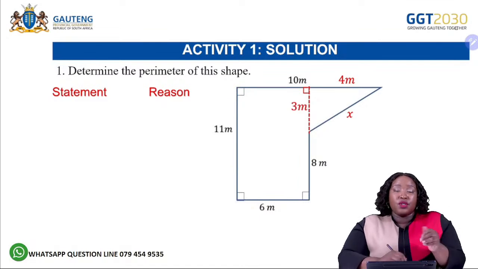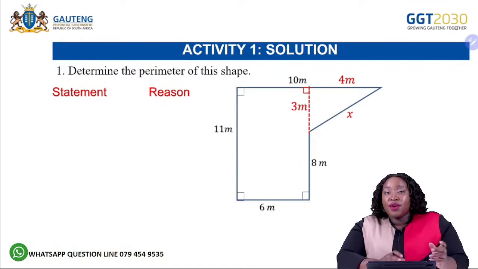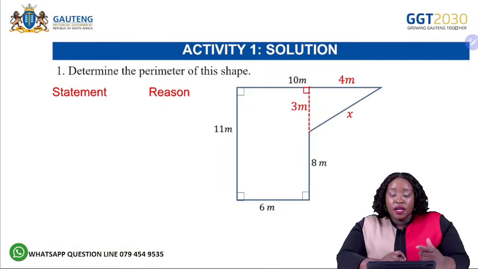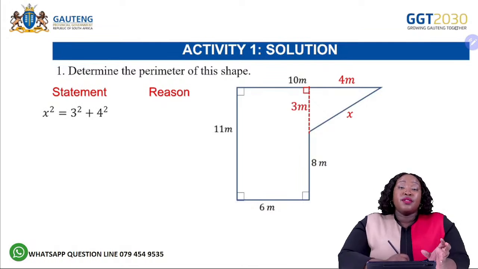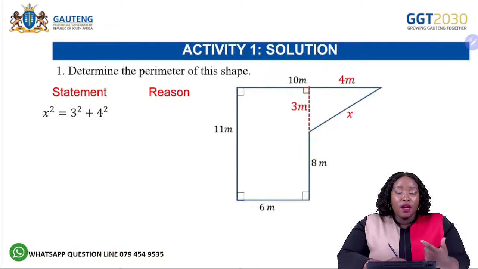This is what your diagram should look like. Don't be afraid to write on your sketches. It helps if all your information is on the diagram. For us to find the hypotenuse, we'll use the theorem of Pythagoras. We'll say x squared is equal to 3 squared plus 4 squared.